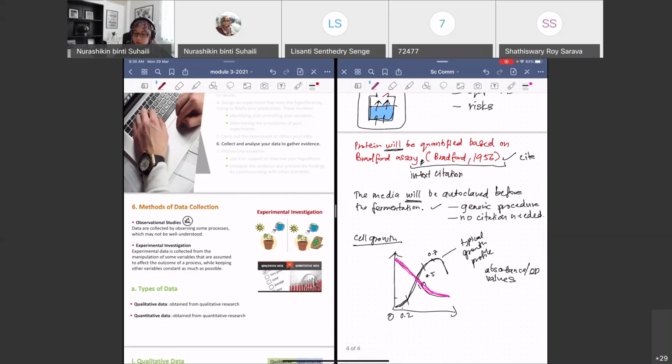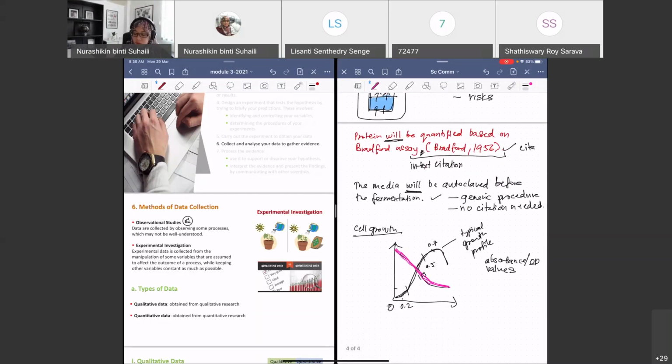Okay, for the glucose consumption, why you also have to analyze it: it must reduce with time, because the cells are eating the glucose.